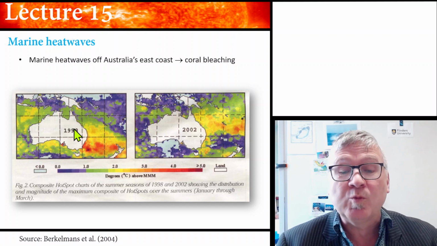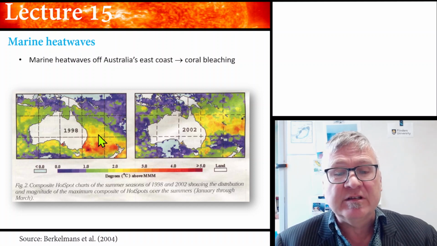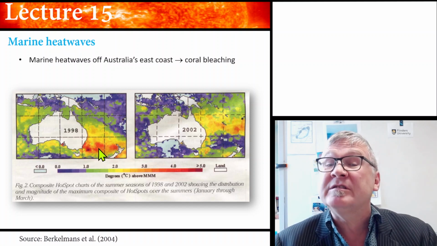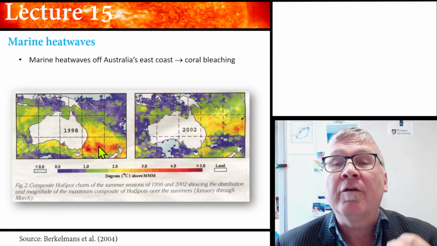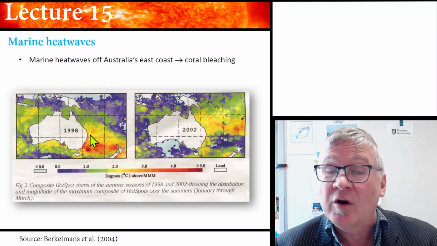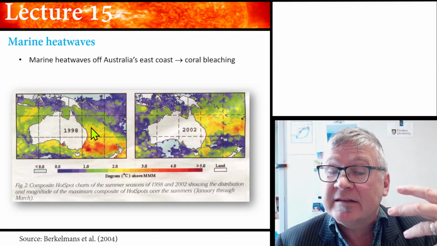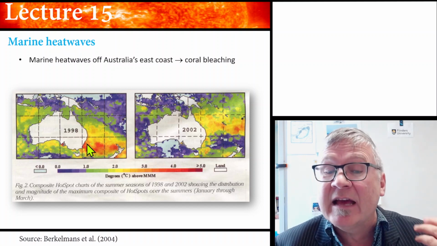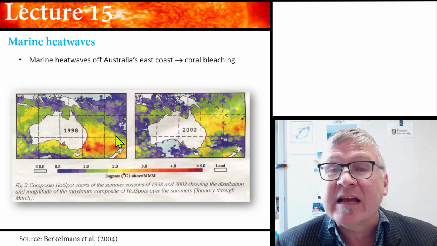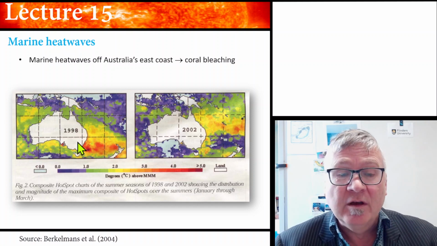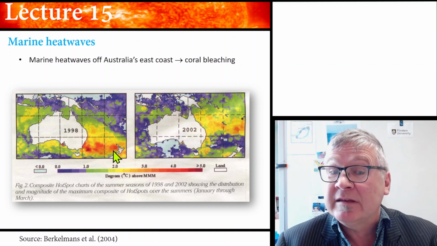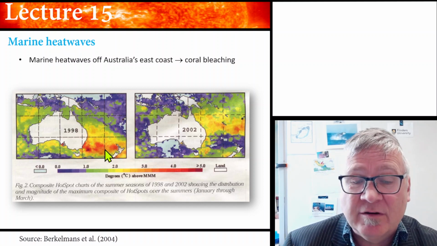You can see much warmer, almost 4 degrees warmer, reaching 5 degrees warmer in this area, which is to do with the intensification of the East Australian Current, which is also a warm water current that comes from the north. If you make it stronger, it extends further to the south, and you can see it creates a large zone of warmer water, something we call the Tasman Front. This is the effect of the intensification of the current.